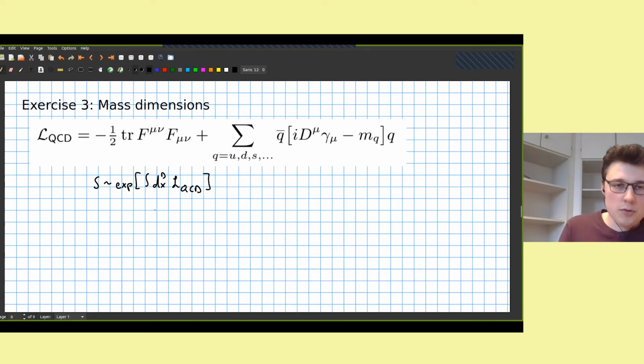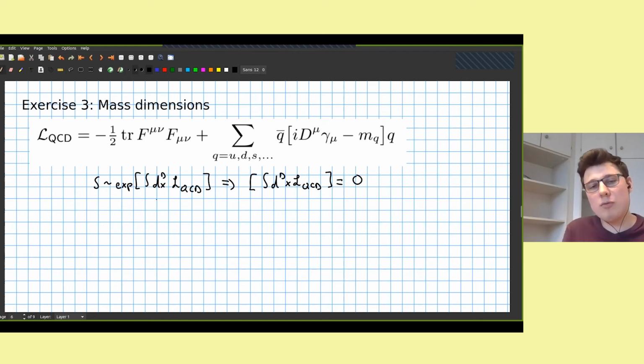Okay, so this directly implies that the mass dimension, I will always write mass dimensions with the square brackets, of this integral here should be 0. Everything else wouldn't make sense in this context.